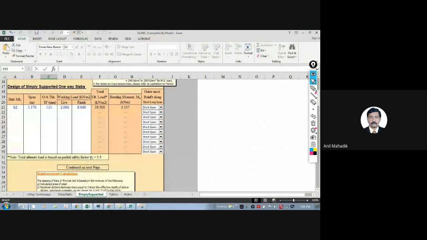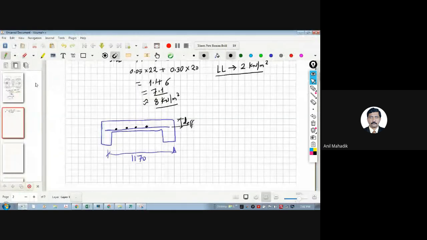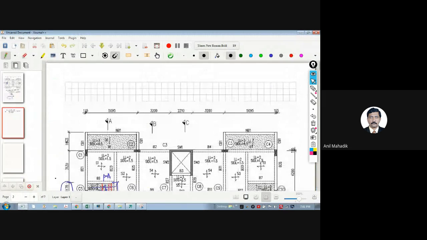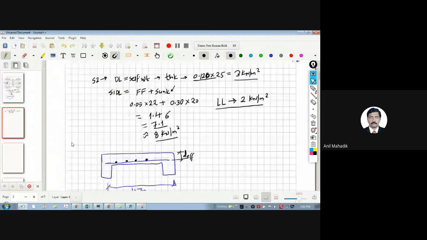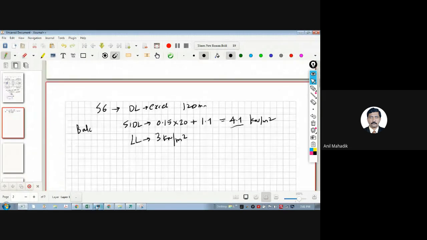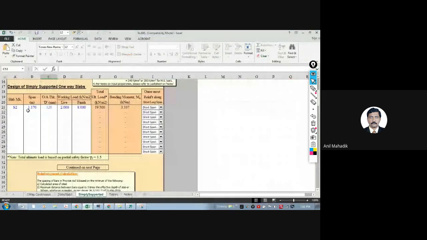Span is how much? Span is 1.845. Okay. Put this 1.845. Let's assume this live load is 3. SIDL is 4.1. Same.